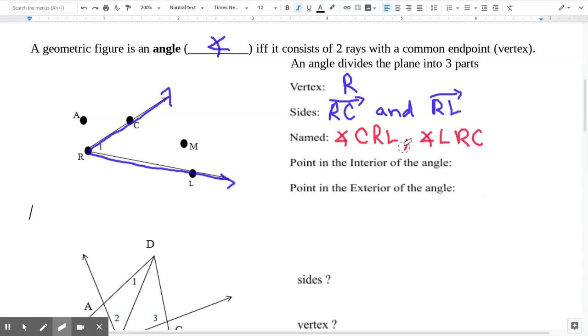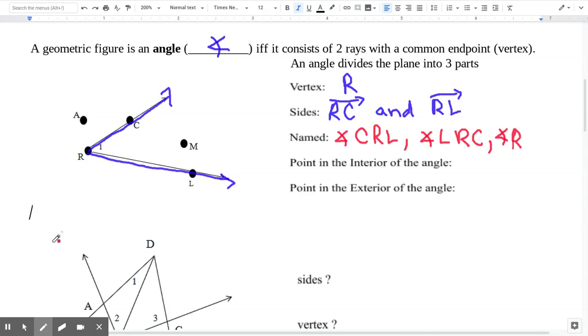Notice these are just reversed order from each other, naming the same picture. If there's only one angle at our vertex, so the vertex of this angle is R, and it doesn't appear that there are any other angles that we can trace out, in a case like this, it is okay to name the angle by its vertex. So we can also call this angle R.